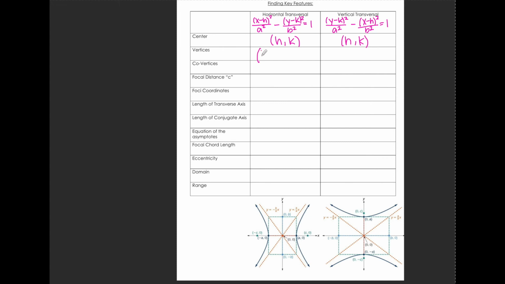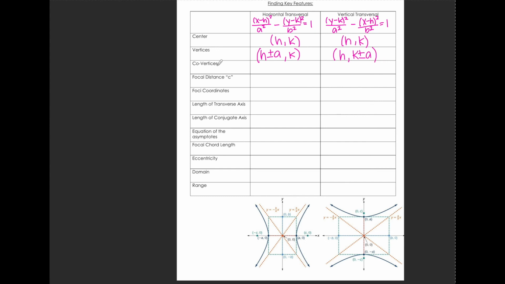So my vertices are going to be h plus or minus a, comma k. For a vertical hyperbola, I need to go a units up and a units down from the center in order to get to my vertices. So the vertices of this hyperbola are going to be h, comma, k plus or minus a.